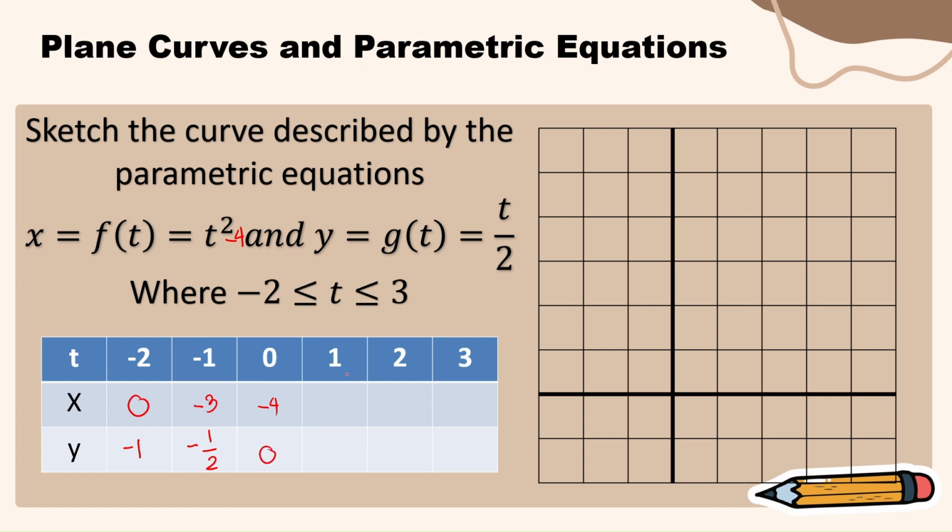If t is equal to 1 rather, x is 3, then y is 1/2. Then t is 2, x would be 0, then y is 1. Then if t is 3, then x will be 5. Then y is equal to 3 over 2.